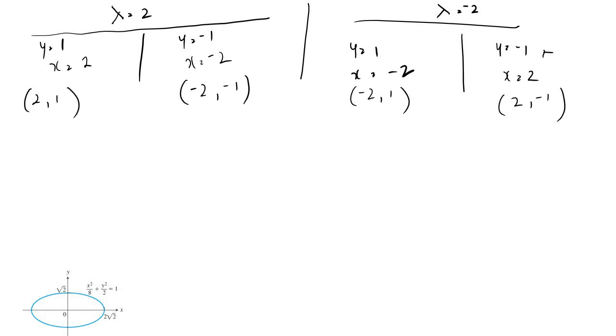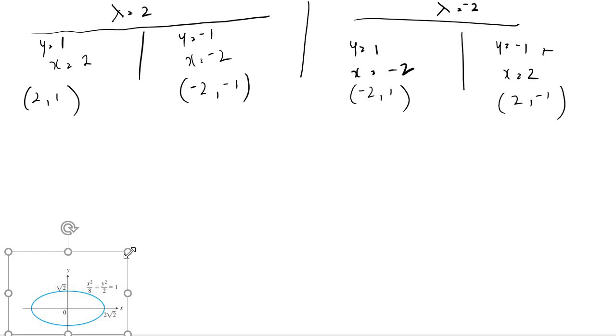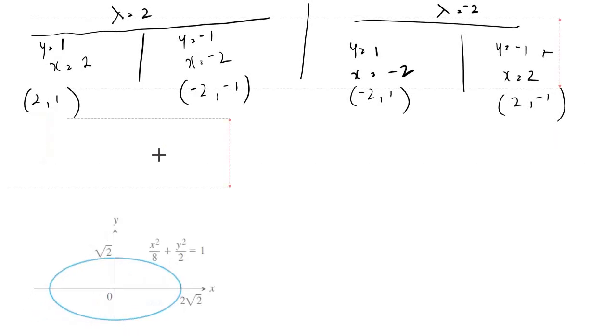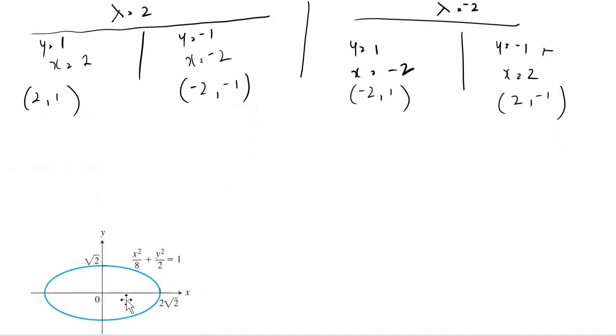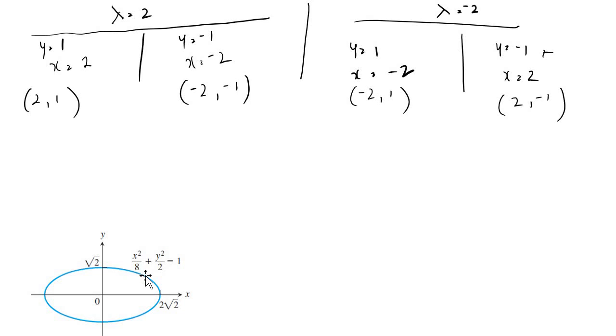So if we look at the ellipse here, this is the ellipse with the constraint x squared over 8 plus y squared over 2. That's the ellipse. And we see when lambda is equal to 2, x is positive and y is positive. So that would be a point there.